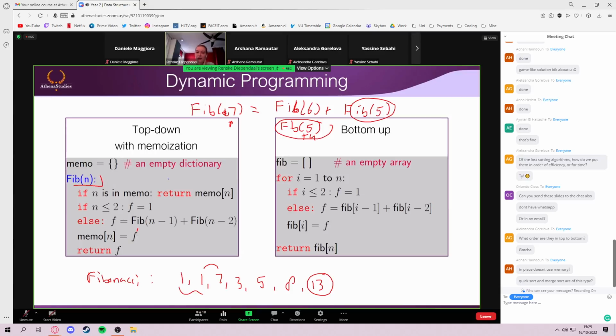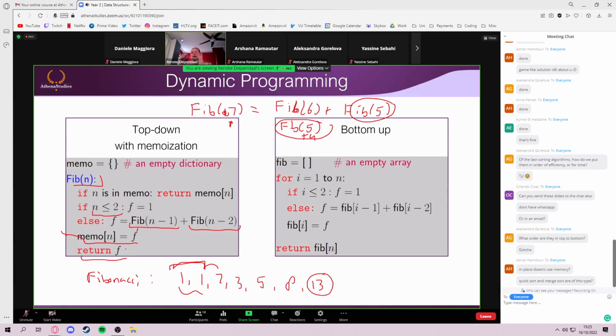And it checks, is it in my memory? If so, return it. And a base case: if it's smaller than 2, then the value is 1. So that's just these two. And if I don't have it in memory and it's not one of these digits, I need to calculate it using the digit before and the digit before that. Once I've calculated this, I'll put it in my memory, and in the end, it will return it.